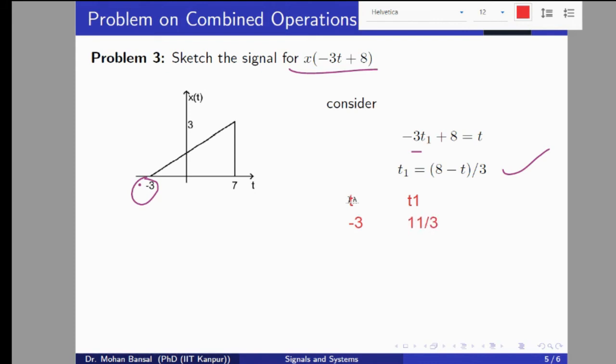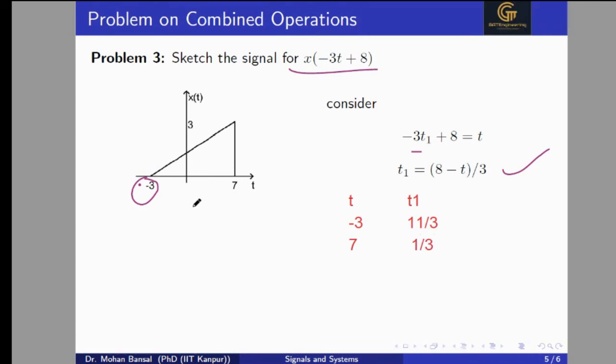For t = 7, you should always check at the discontinuities of the signal. Don't check all the values. Only check at the discontinuities of the signal. Here there is a discontinuity at -3 and a discontinuity at 7. So for t = 7, we will get 1/3. So the signal will start from 1/3.